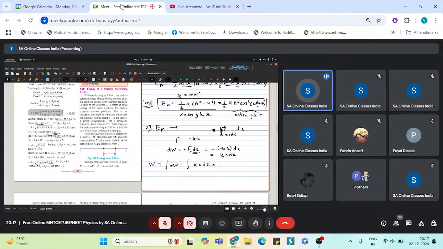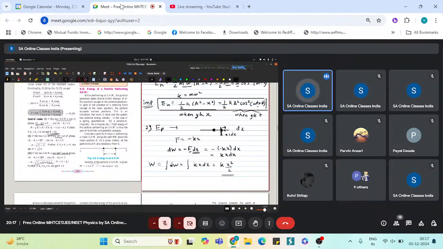And if you remember the formula that I had written in the first class for integration, it's just going to be kx squared divided by 2 plus c, but we can always omit the c and put it at the center of the system, at the zero essentially.